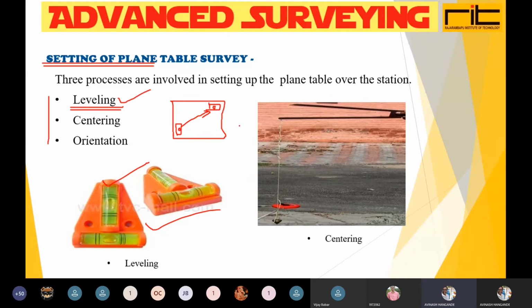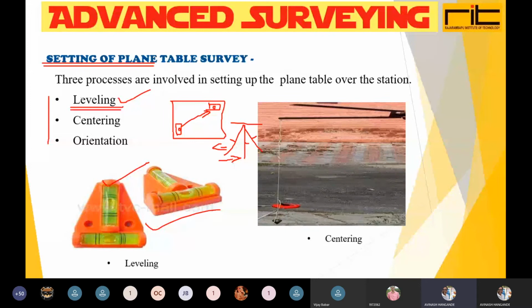If it is not in the center, then we have to use this leg. We have to adjust this leg, inward or outward, in this direction or this direction, and make sure that the bubble comes to the center. That is the basic idea behind this leveling. Remember that at every corner we have to place this bubble tube.